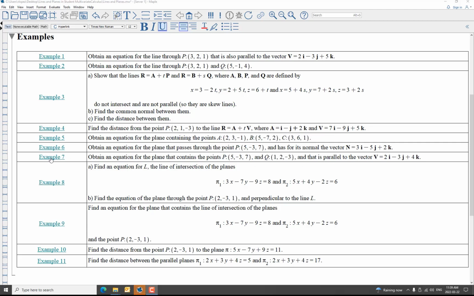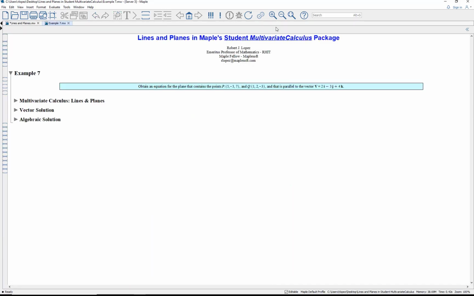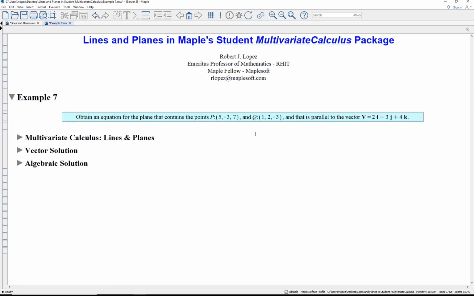So as you think about that, let's go over to this page. Think about that. These 2 points would determine a vector in the plane. This direction would give you a vector in the plane. If you took the cross product of those 2 vectors, you'd get a normal. You have enough information to determine the plane.